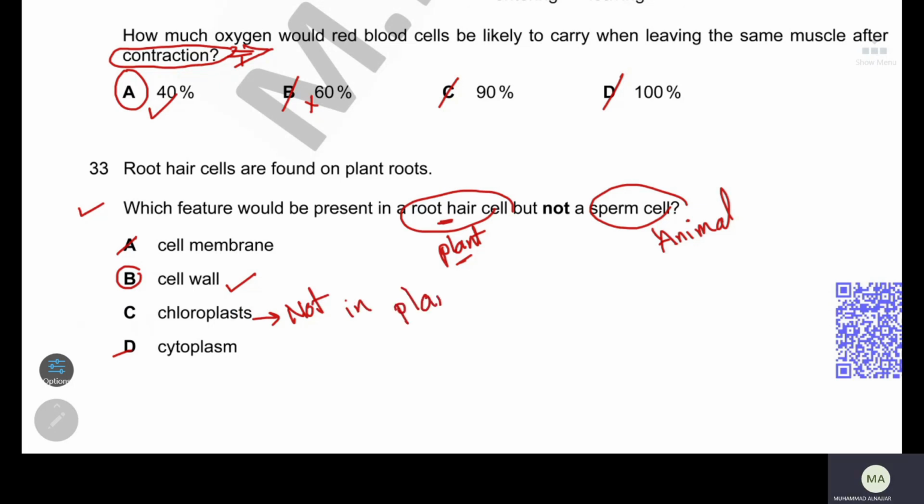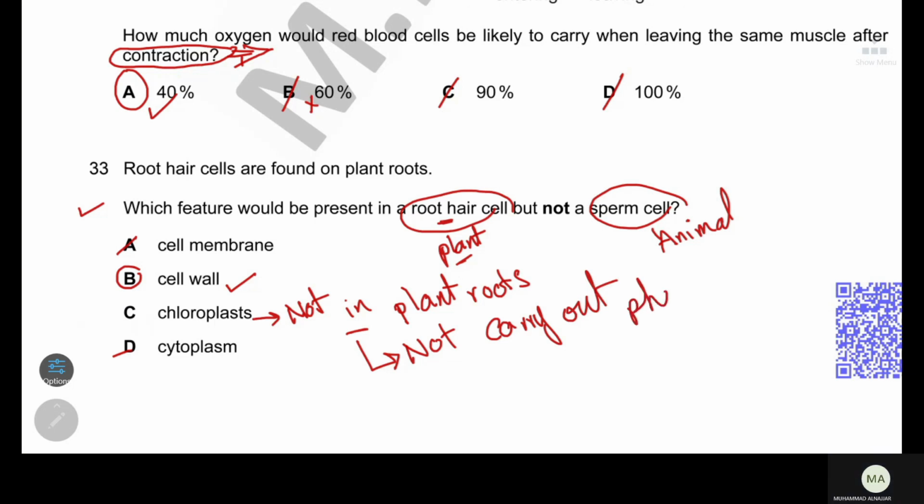Who can tell me why? Because the chloroplasts are not carrying out photosynthesis there, so there is no need for the chloroplast to be there. So the only valid answer is B, which is the cell wall.